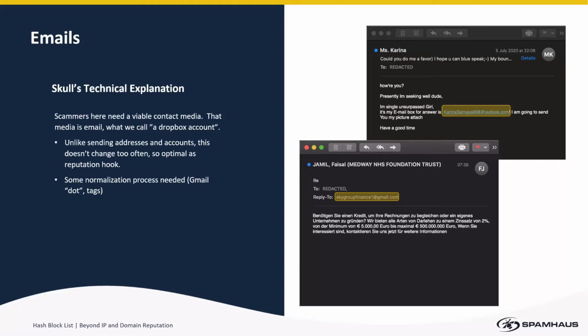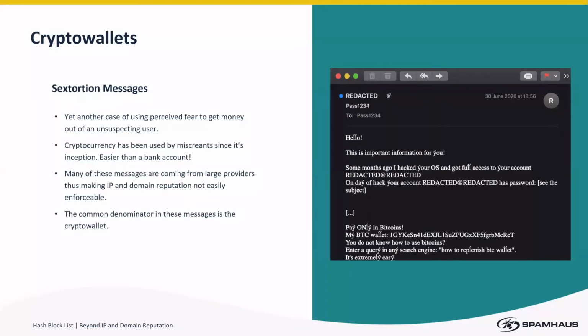Awesome, thanks, Skull. So next we're going to be looking at an example of a crypto wallet. If you happen to have gotten email on the internet in the past couple of years, you may have seen one of these messages. It's something that the industry has started to define as sextortion.